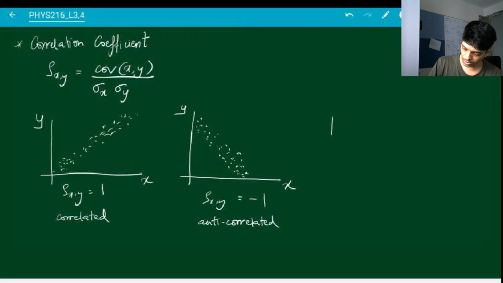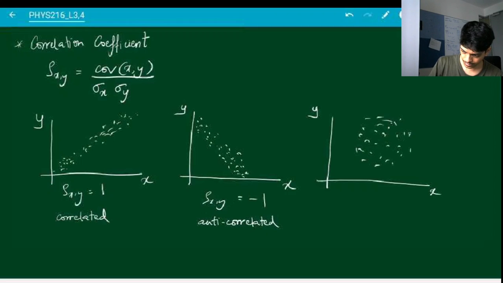And of course, you can also have a situation where x and y don't have anything to do with each other. So if the distribution looks like this, then clearly the y value doesn't particularly depend on the x value, or the x value doesn't depend on the y value. So in this case, the correlation coefficient will turn out to be close to 0, and we will say that these two variables are uncorrelated.